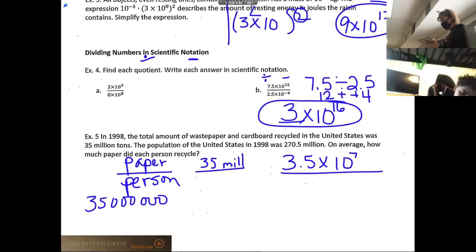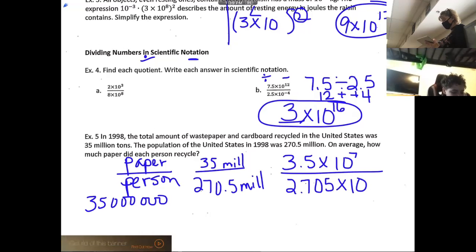And then on the bottom, we have 270.5 million. So I want to say this would be one more, right? It'd be 8. No, it's 7. Right, because this is in the tens and this has hundreds. There's 6 zeros. Okay, there's 270.5 million. Looks like that. That's some big number. So that should be 8.